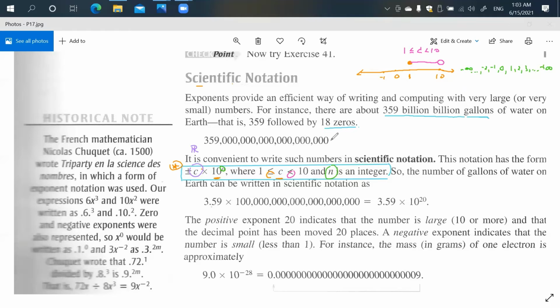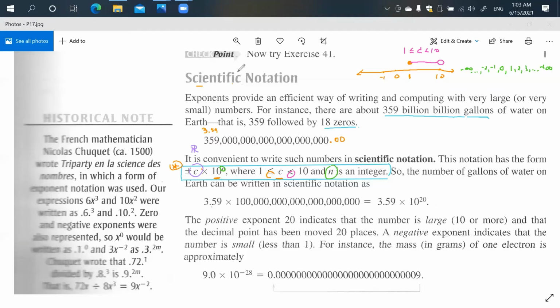If I write it down with a decimal point and zeros at the back, it is still the same value, correct? We have to make it 3.59, right? So we have to move the decimal point to the front until we get 3.59.